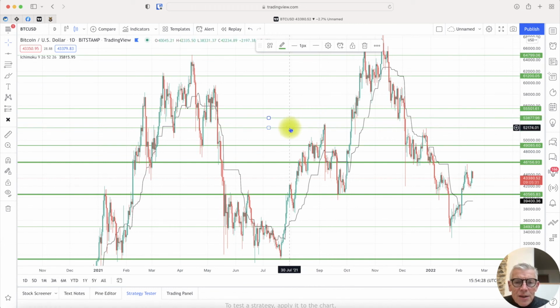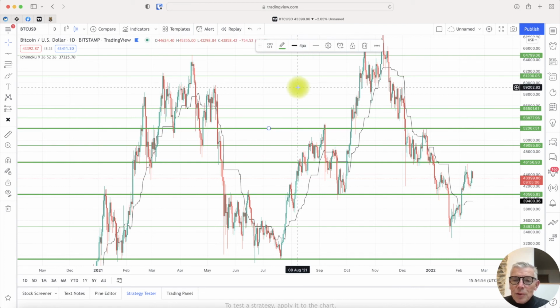However, when we look at this one again, I would say that this level here is quite important resistance. So I'm going to make this line thicker. So I go here, and I'm going to make that thicker to 4 pixels.